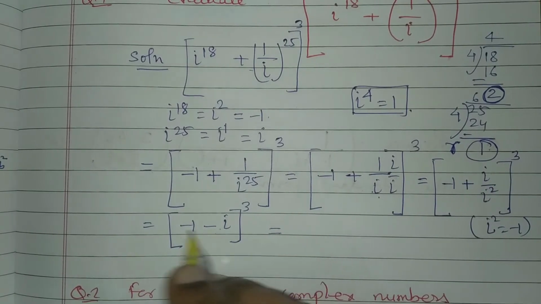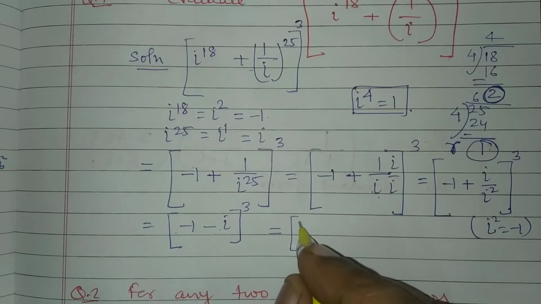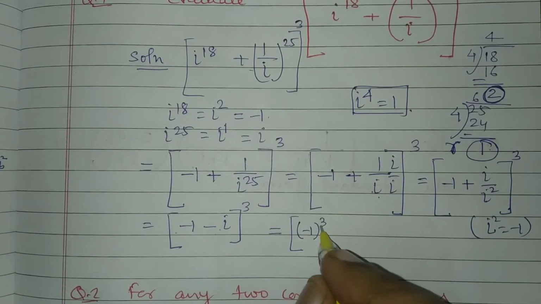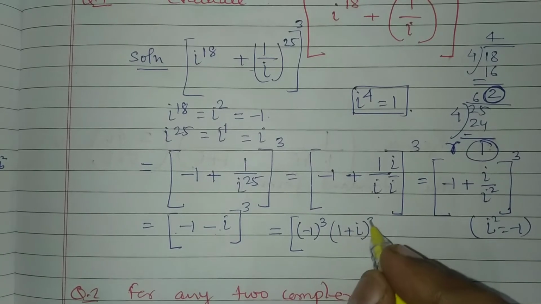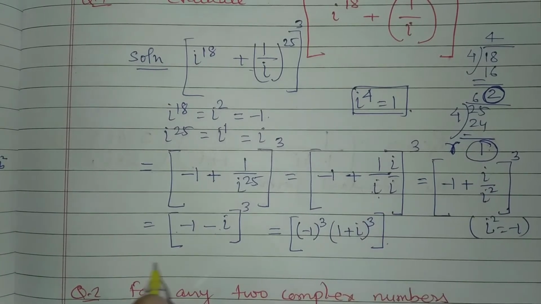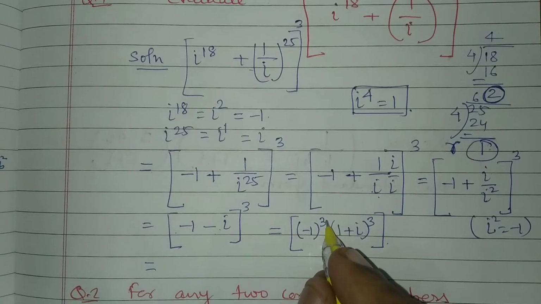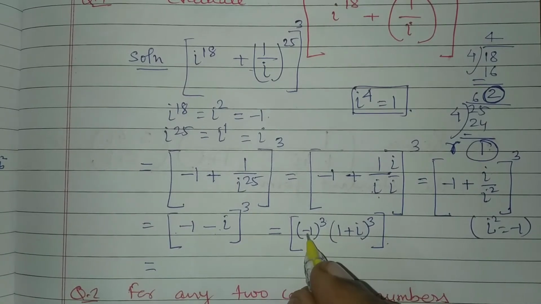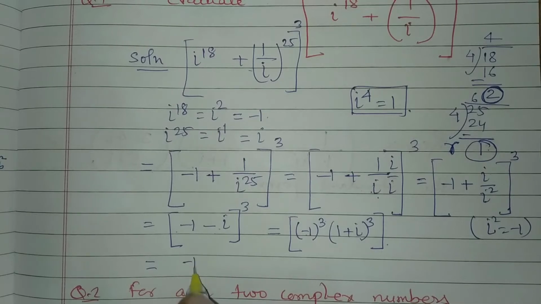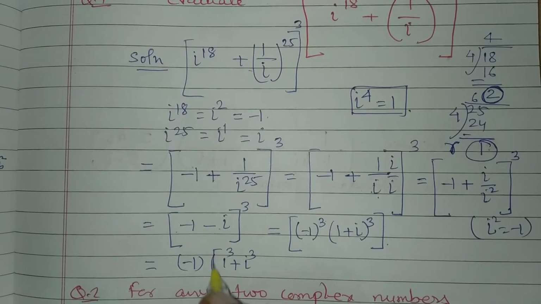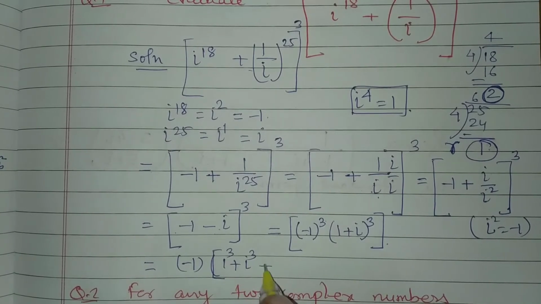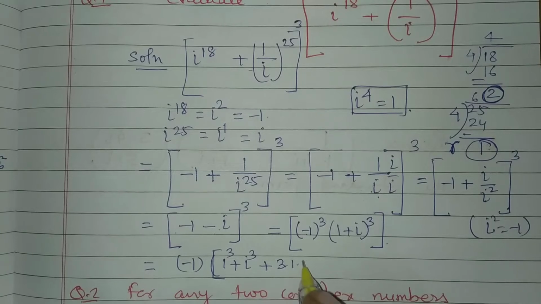So I am taking minus common, so here minus 1 I am taking common, so its power is 3 and 1 plus i to the power 3. So now as you know that the power is odd, the negative 1 is minus 1, and this is 1 plus i cube, 1 cube plus i cube, and then 3 into a into b, 1 plus i.